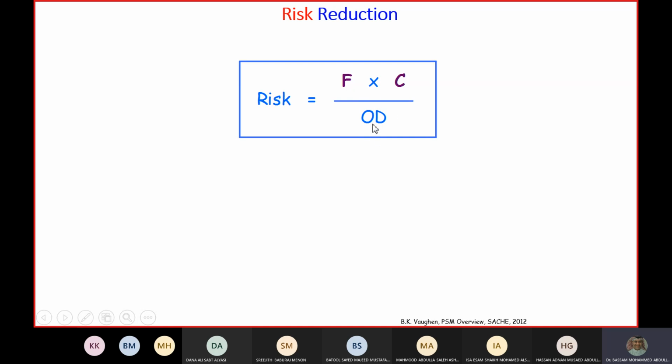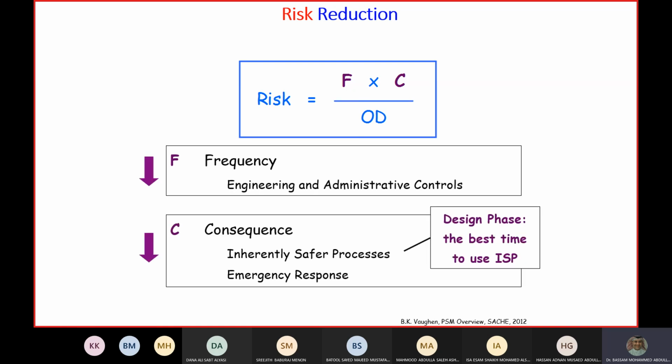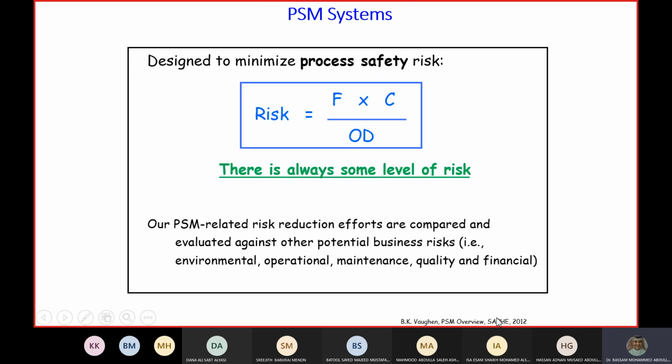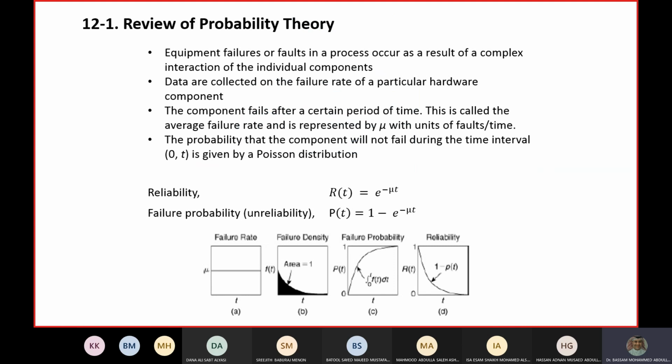However, it's rarely used in many parts of industry. So that was the part on risk. Why did we take that part? Because we need it in our HAZOP studies or risk analysis study.